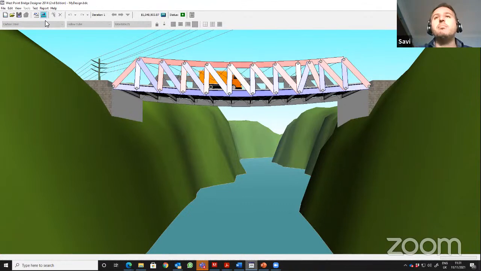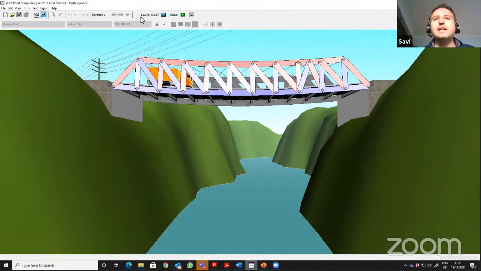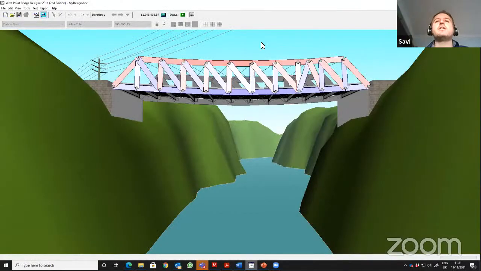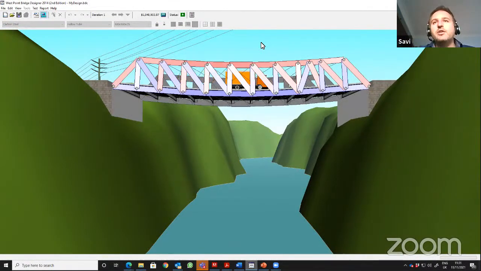You can change the shape. What you really want to do is reduce this number here, which is the cost of the bridge, as much as you can, which means that you're using less material. Everyone can try and give a number, but the time is over, so there won't be time for that. You can do it at home in your own time if you wish.